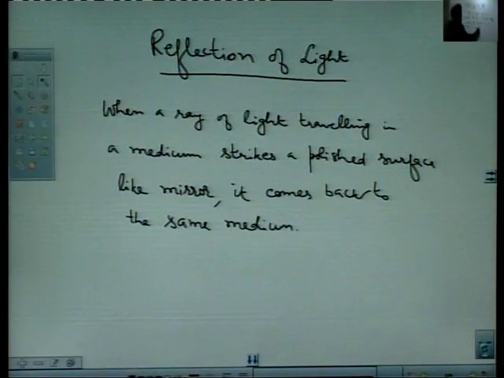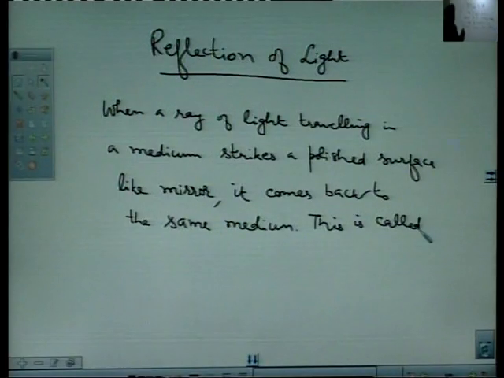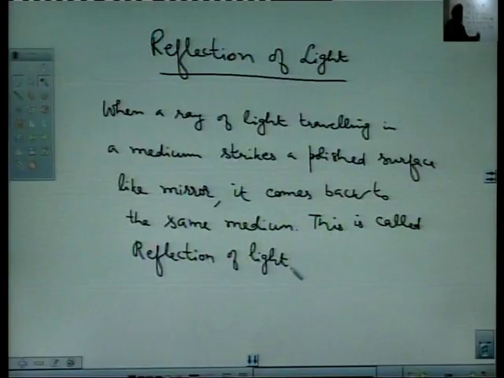This is called reflection of light. So, when a ray of light traveling in a medium strikes a polished surface like mirror, it comes back to the same medium. This phenomena is called reflection of light.